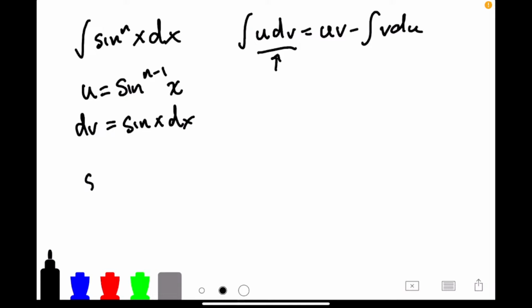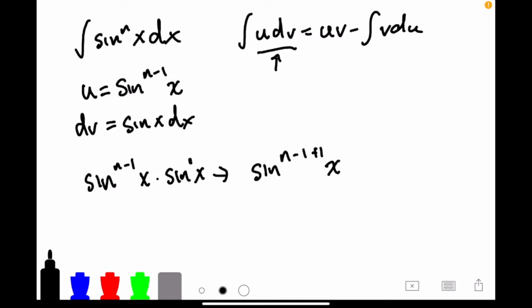If we multiply sine to the n minus 1 with sine x, which is the same as sine to the power of 1, then by the rules of powers we add the powers. So we get sine to the n minus 1 plus 1 of x, and the negative 1 and positive 1 go away. That's what they're doing in the first step.